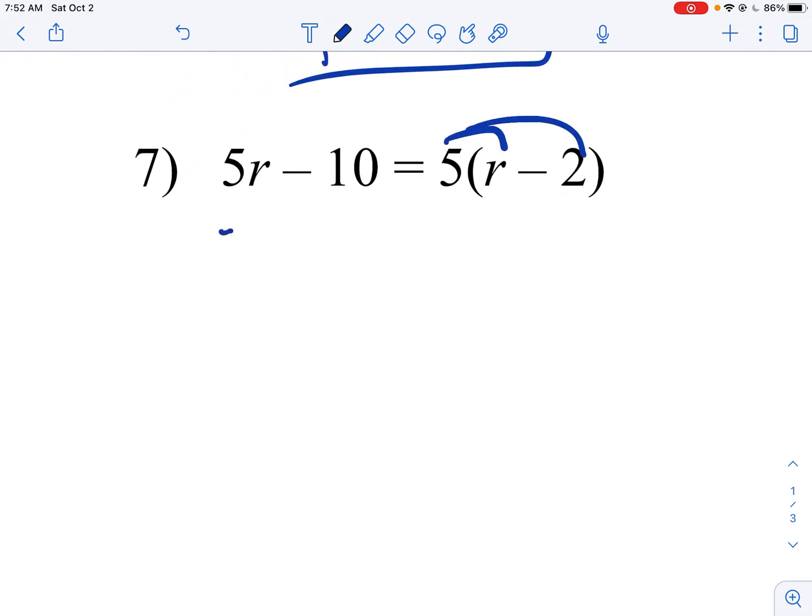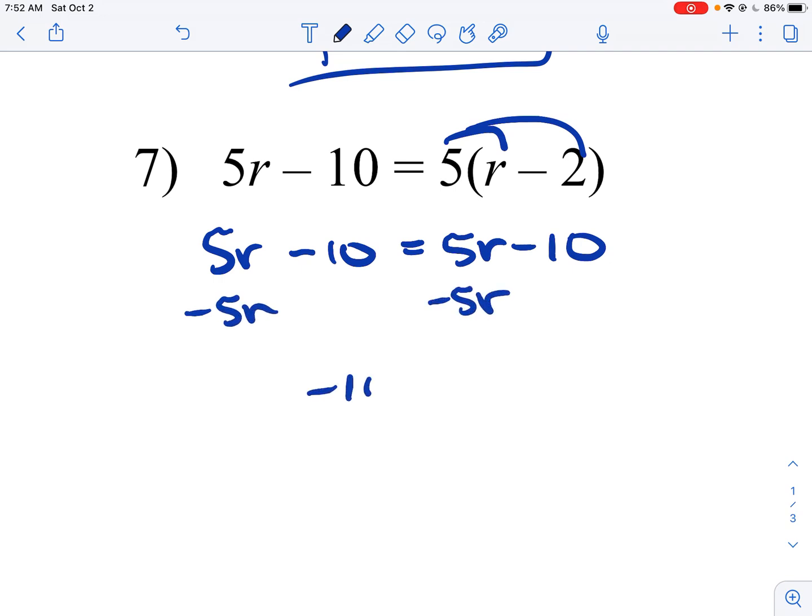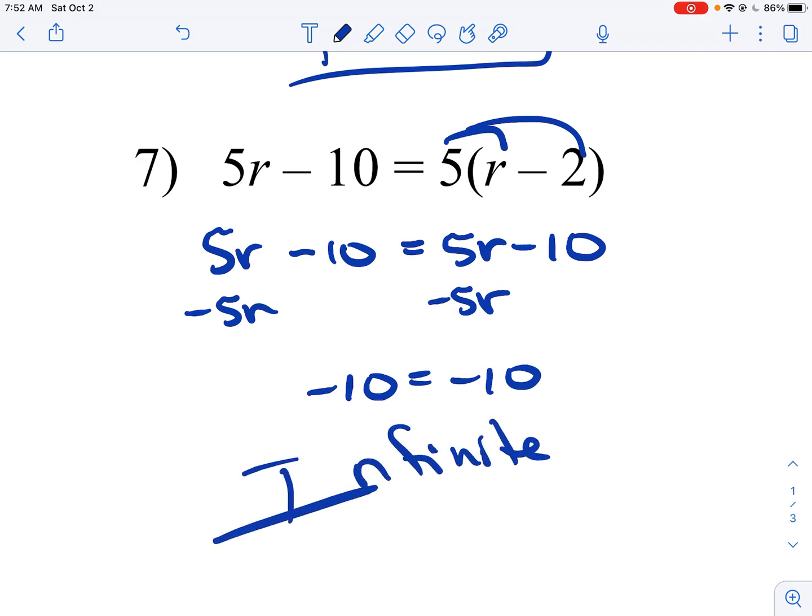Here I multiply through, I get 5r minus 10 equals 5r minus 10. So hopefully you know what the answer is already. If you don't, that's okay. I get here, again, infinite solutions.